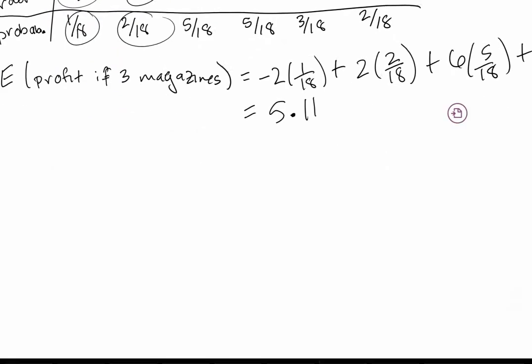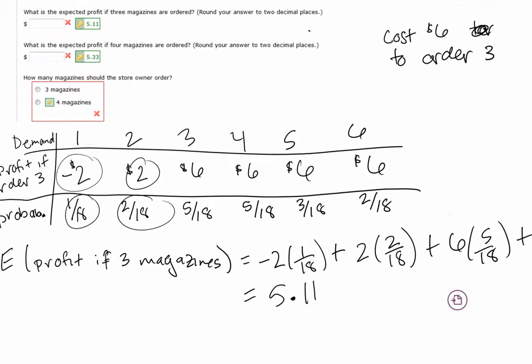Notice this is the answer that I was supposed to get. And if you do your work to find the expected profit for 4 magazines ordered, you would see that the expected profit is $5.33. So, overall, in the long run, he's going to make more money if he orders 4 magazines per week.